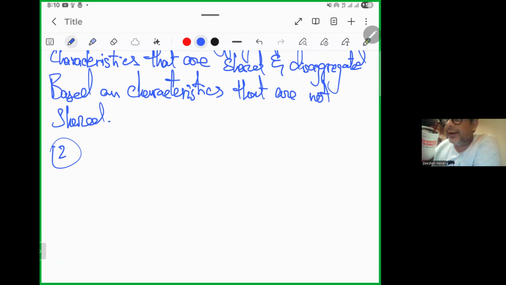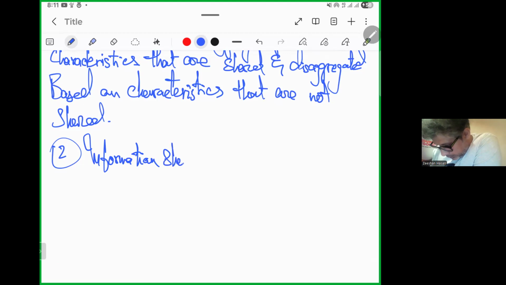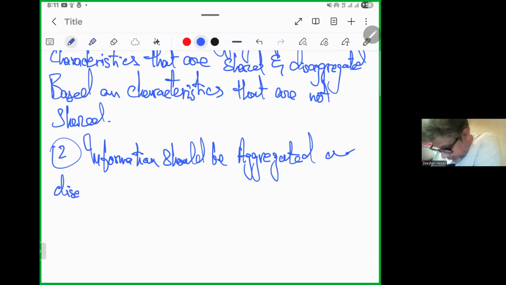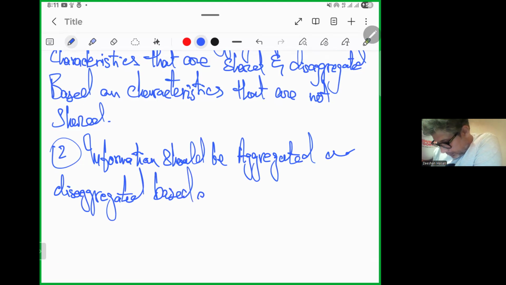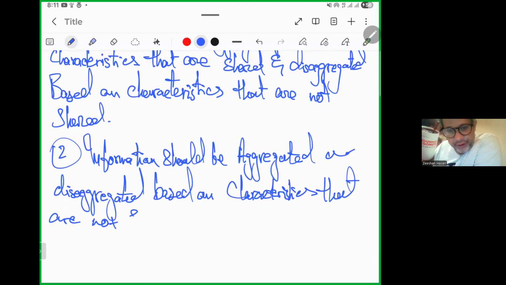Information should be aggregated or disaggregated based on characteristics that are not shared.